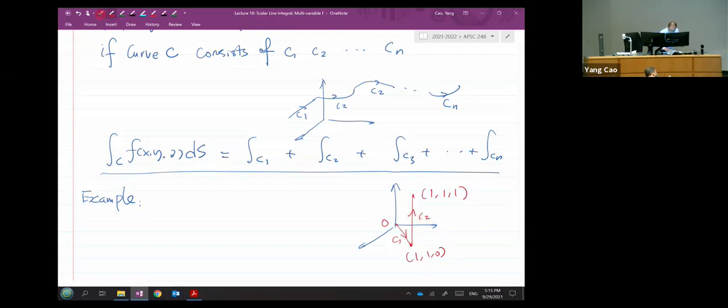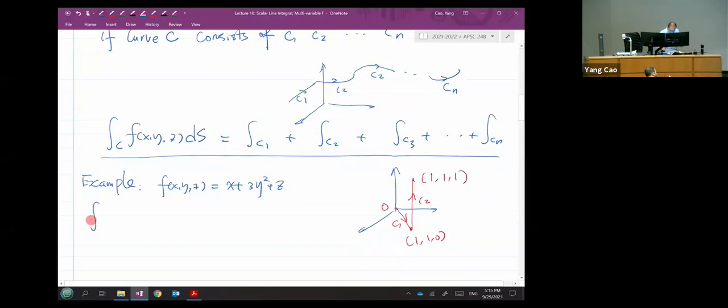And now I'm giving a function f of x, y, z equal to x plus 3y squared plus z. Okay. And we want to integrate this function over C, and C equals C1 plus C2. There are two segments to form the curve C.